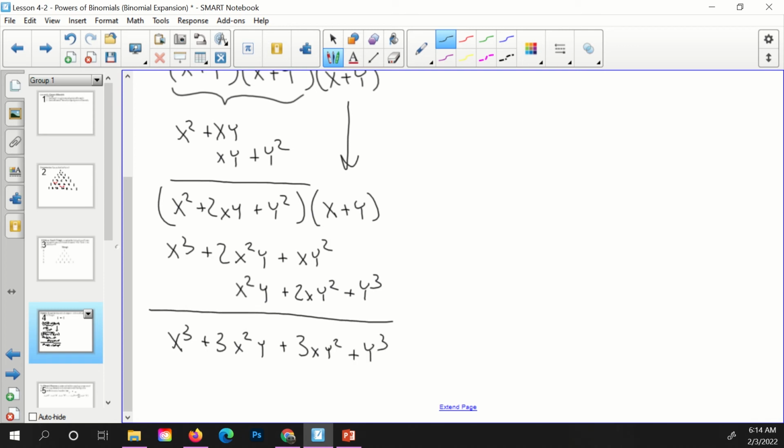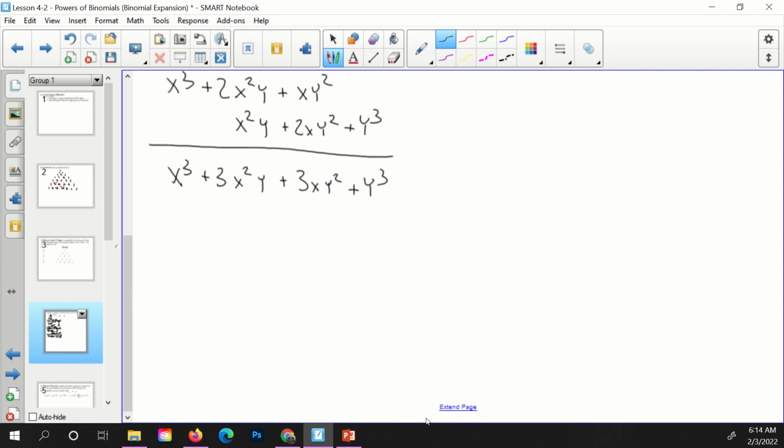All right, now a couple things that I want you to notice from this. You will notice that the powers of the x values decrease each time I go over by 1, and the powers of the y increase each time by 1 every time I go to the right 1.